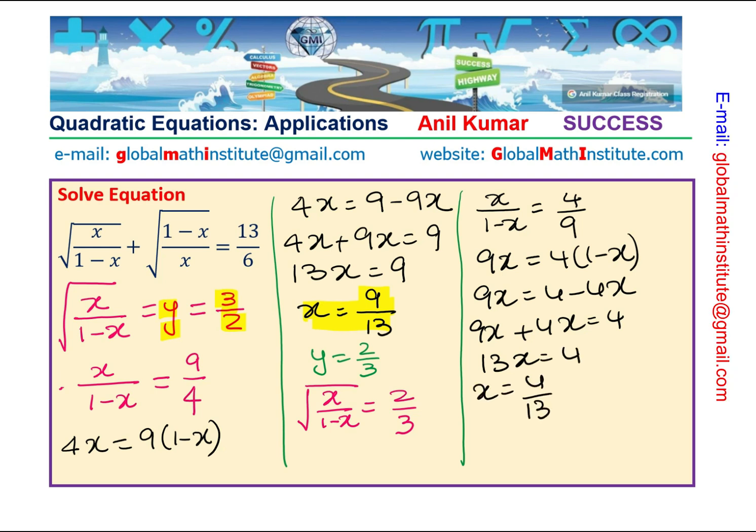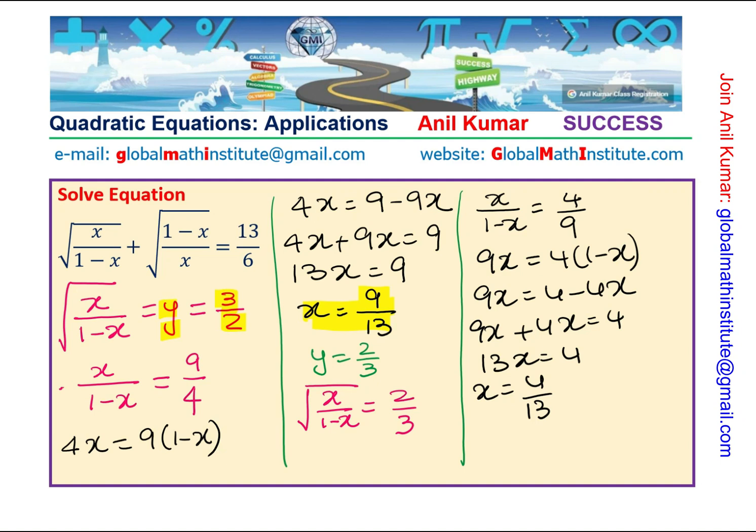You see that? So we get another solution for x, which is 4 over 13. Basically, this equation has two solutions. Either x can be equal to 9 over 13 or 4 over 13, correct?